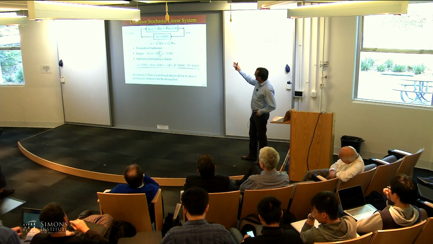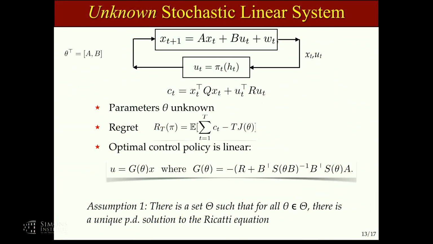Okay, so for that, let's look at a stochastic linear system with unknown parameters. It's the standard model, and the parameters A and B are unknown, and we're going to consider quadratic cost, but that's really just for reasons of tractability, because that's the model for which we can compute something, right?